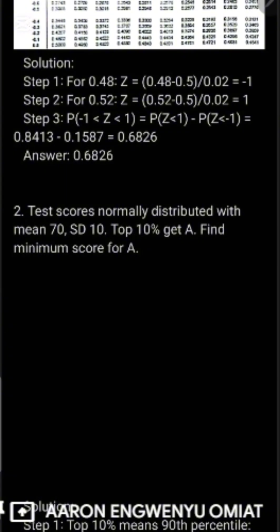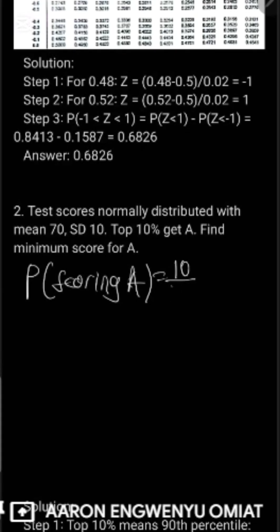The probability of scoring over A, I don't know. It will be 10 out of 100. Okay.